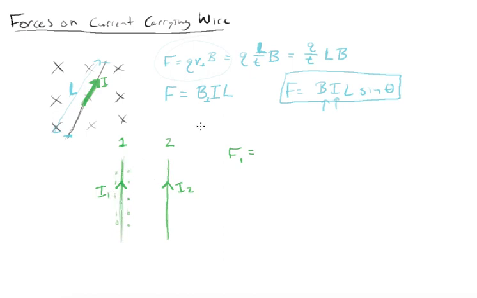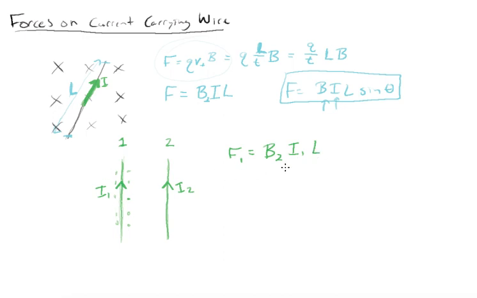So the force on wire 1 is equal to the magnetic field created by wire 2, B, times the current in wire 1 times the length of wire 1, and then of course the sine theta if there's any angle.